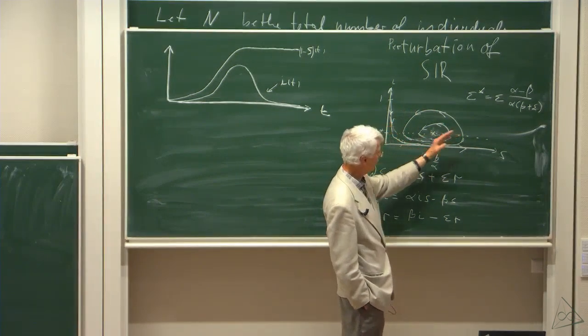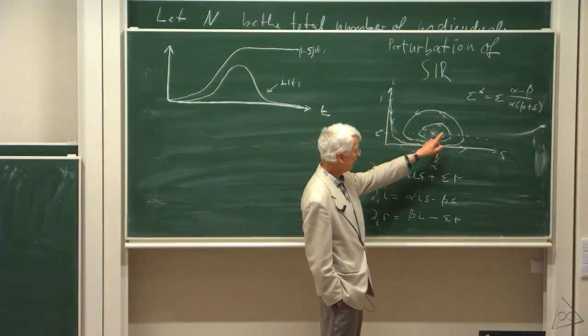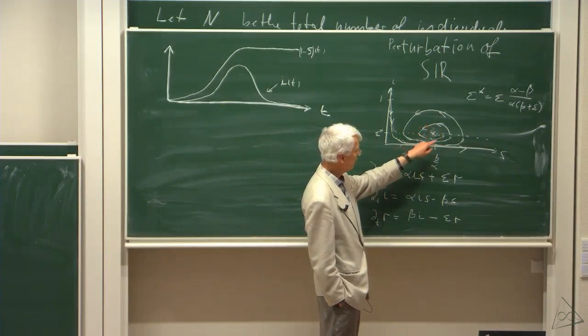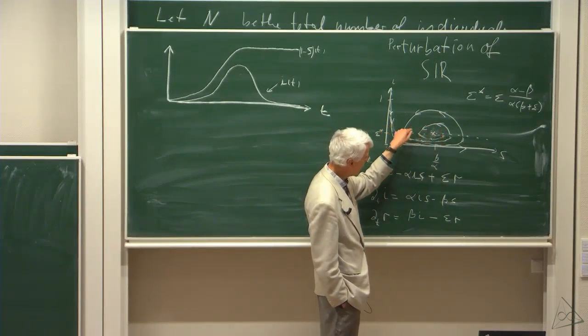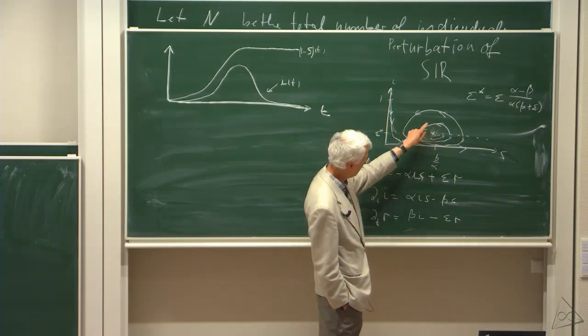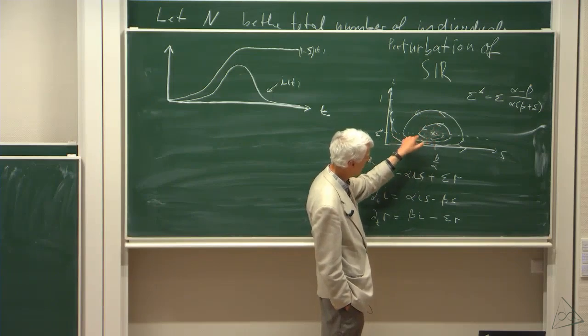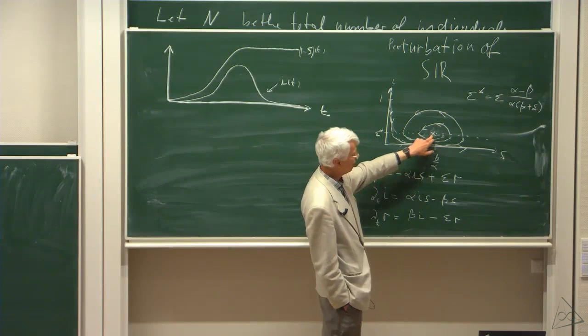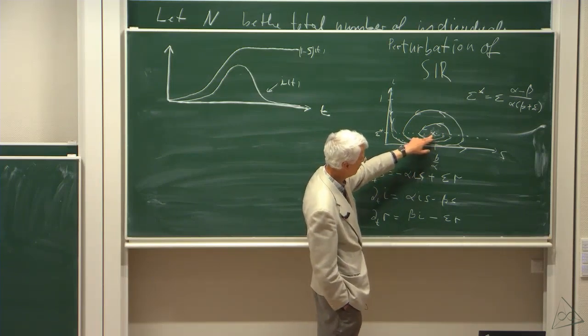This will have the effect of what we call a relaxation oscillation, a kind of oscillatory behavior. There are always new epidemics coming up until you come to the stable state of the system.